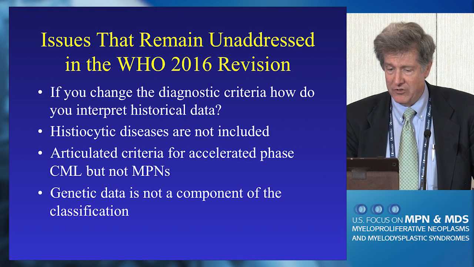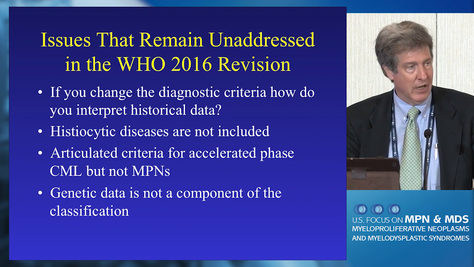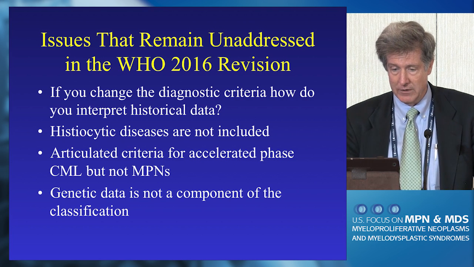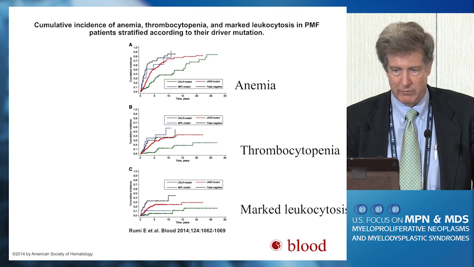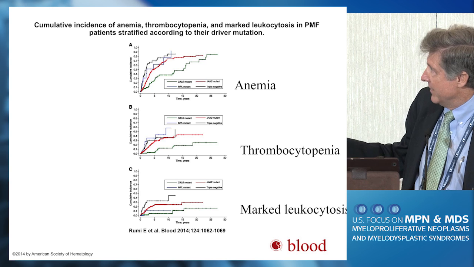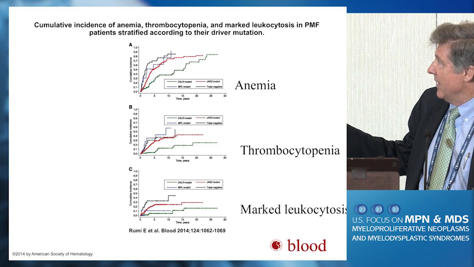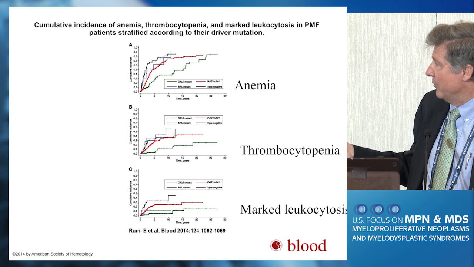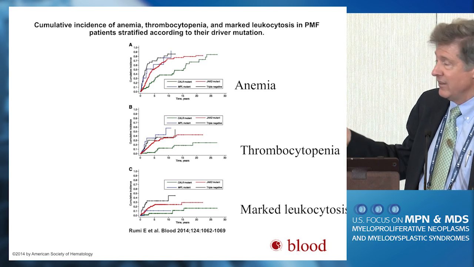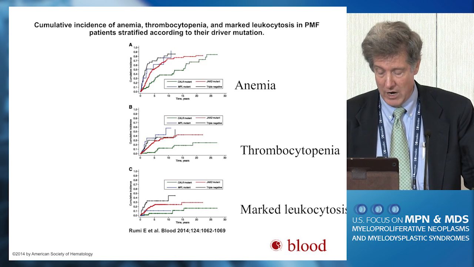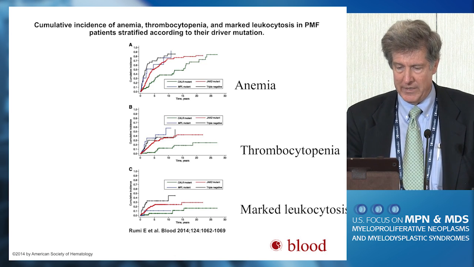The genetic data is not a component of the classification, unlike what the WHO has done for AML. And just as a quick reminder, patients who have calreticulin mutation have a different clinical presentation with regard to anemia, thrombocytopenia, leukocytosis than patients who don't have any of the 3 most commonly associated MPN mutations.